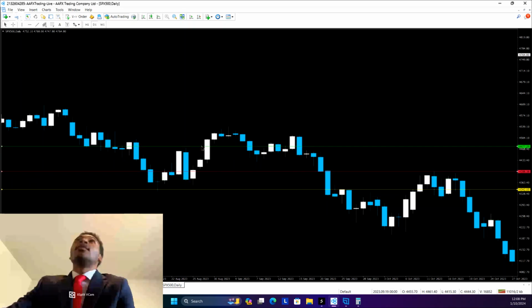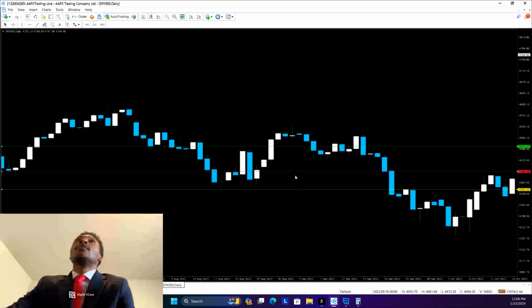And then if we just keep going left, and if you look right here, again, that's why I like using the daily. This right here, I don't remember. I'm pretty sure I didn't take this setup. There's no reason for not taking this setup. I just wasn't looking at SPX at the time.